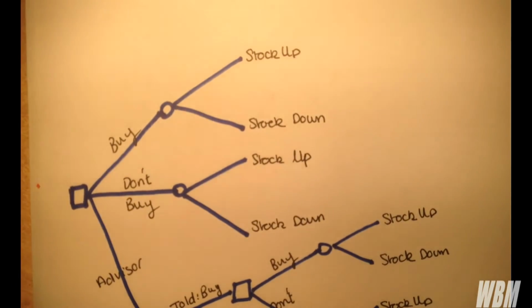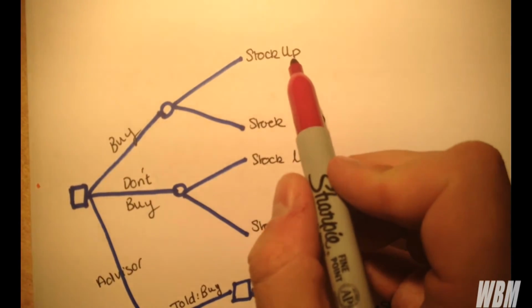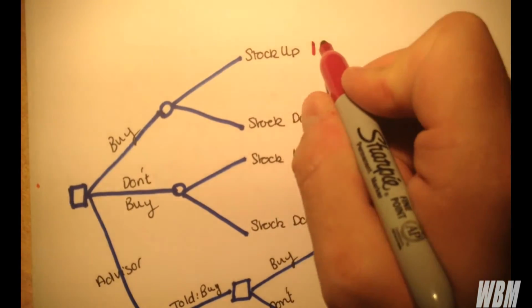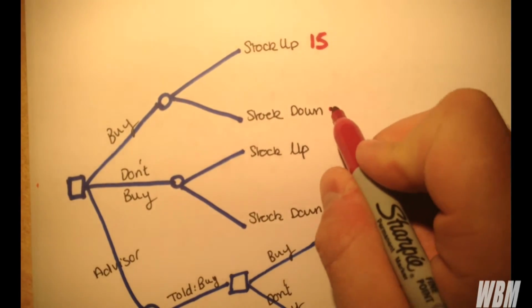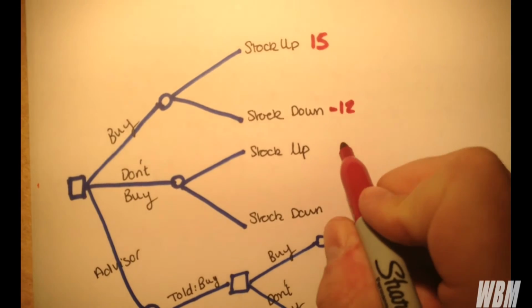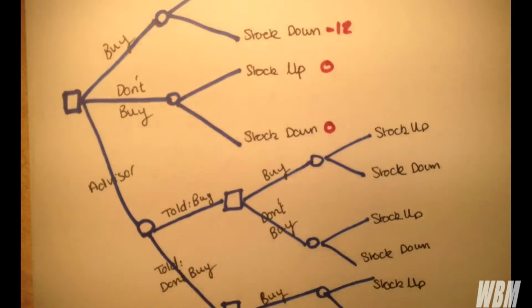So if we buy and the stock goes up, as you remember, we make a profit of 15. And if we buy and the stock goes down, we make a loss of 12. If we don't buy, we have 0 either way.